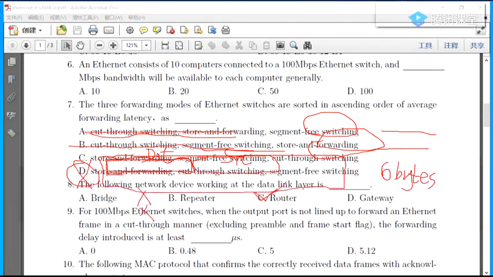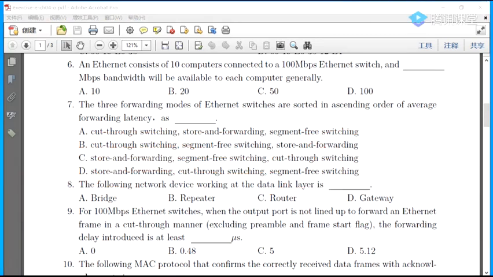This question is somewhat difficult for you. The Ethernet consists of 10 computers connected to a 100 Mbps Ethernet switch. Here is a switch, not a hub.